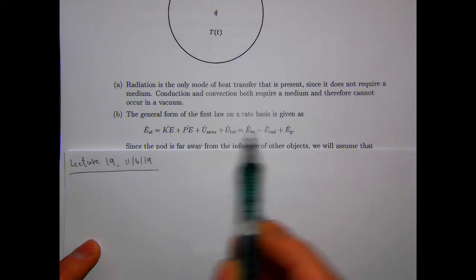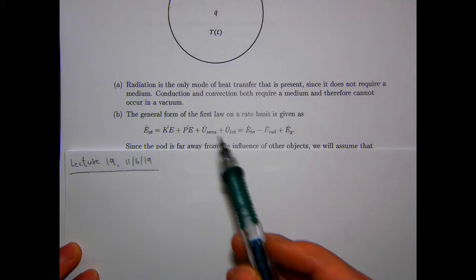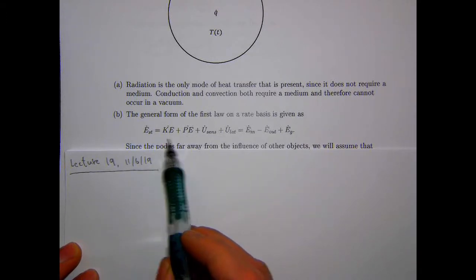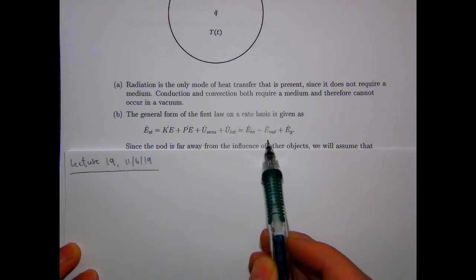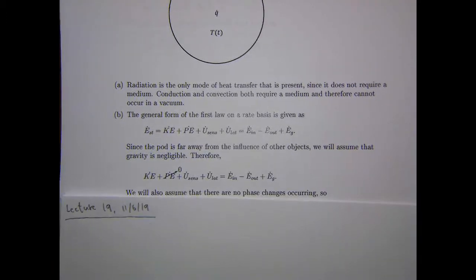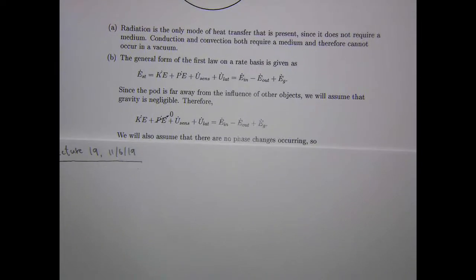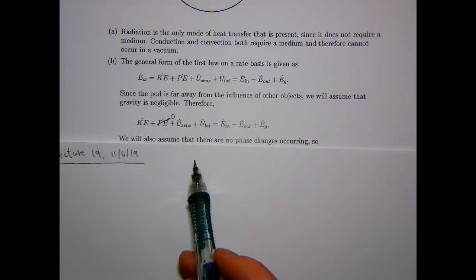So you can think about this left-hand side, the rate of change of stored energy, as changing if its components change with time, or if there's energy in or out or energy generated. With that, we can look at the problem setup and figure out what we can cancel.